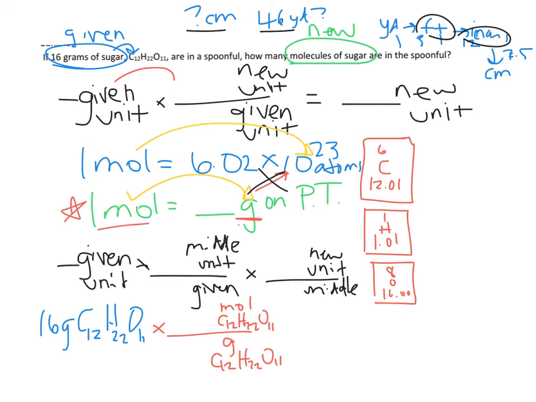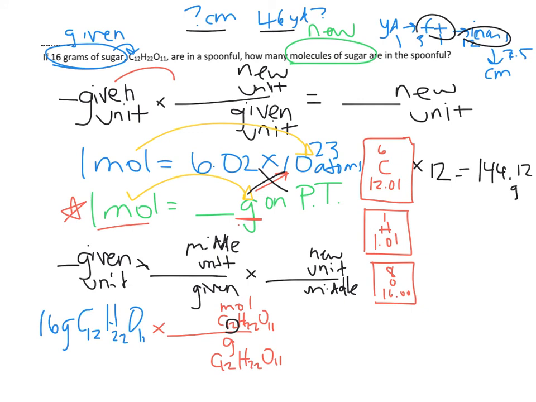1 mole equals the grams on the periodic table. Right, now for this C12H22O11, what this means is we have 12 atoms of carbon. So we're going to do 12 times the carbon. So 12.01 times 12, right? 144.12, okay, grams.